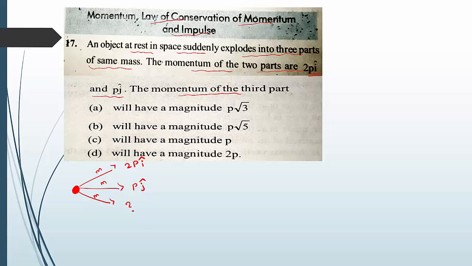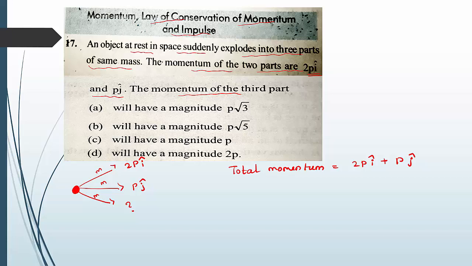So we can write the total momentum. What is the total momentum? They have given 2p i cap plus p j cap. This is the value of the two exploded parts.